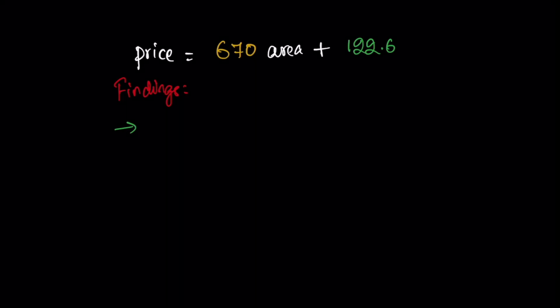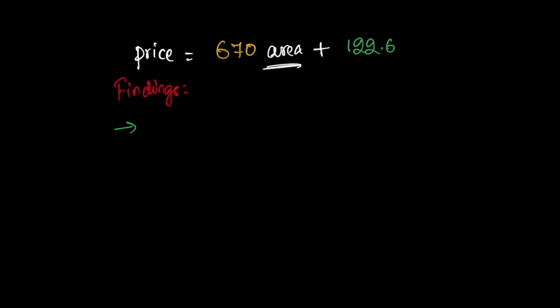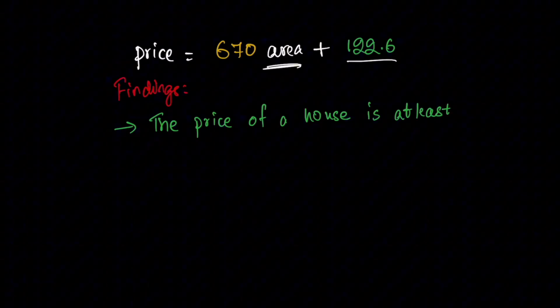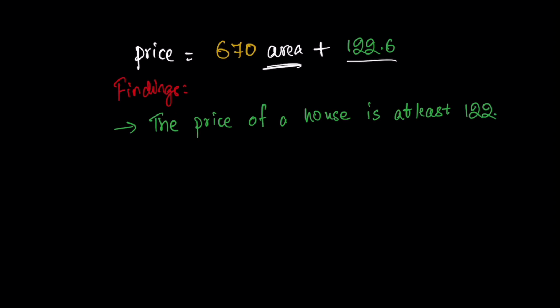Looking at this equation, we can say that if the area is 0, the price of the house is $122.6 thousand. However, it is important to understand that a house with 0 square footage does not really exist in reality. This intercept should be interpreted as the estimated base value of the house that usually captures the fixed costs. That is the significance of the bias term.